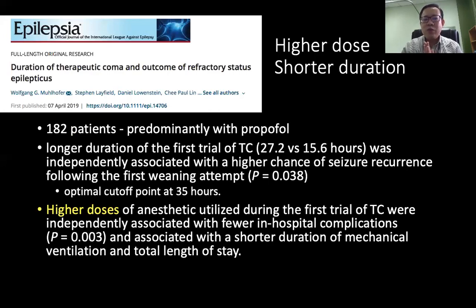So we want to use an adequate high dose but shorter duration. Like phenobarbital, I only use a bolus, maintain 24 hours of burst suppression, and then start cutting down the phenobarbital dose, or even thiopentone or midazolam. We don't want to maintain for too long. So the ideal is 24 hours now, and see whether patients can be withdrawn or can have their anesthetic agent reduced. This will improve their outcome.